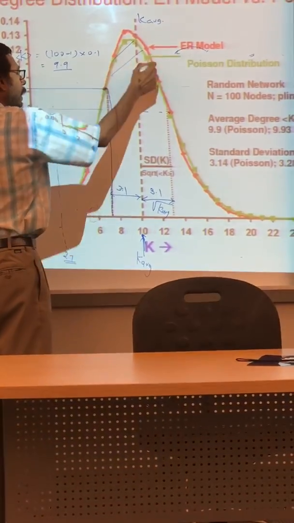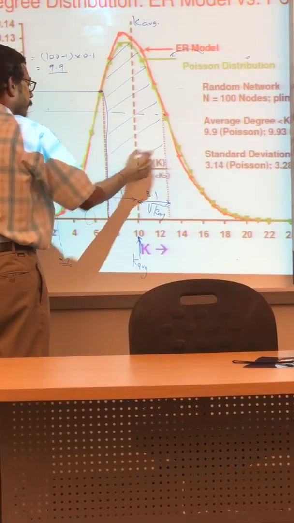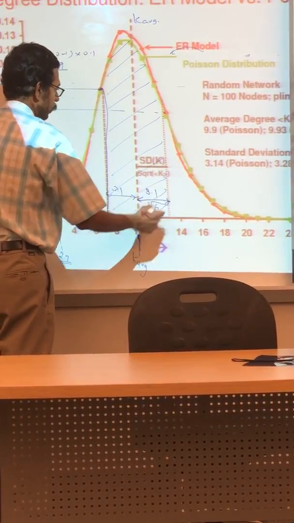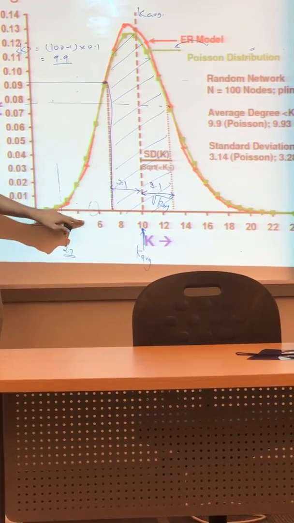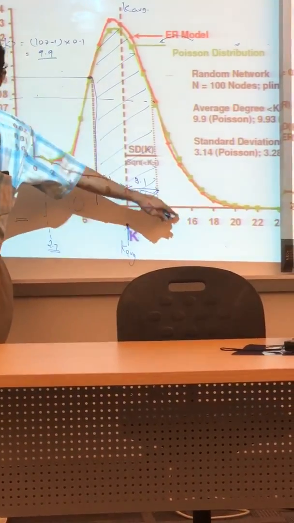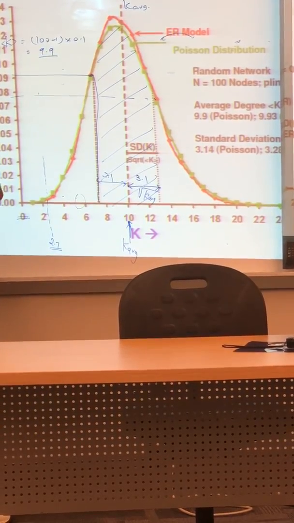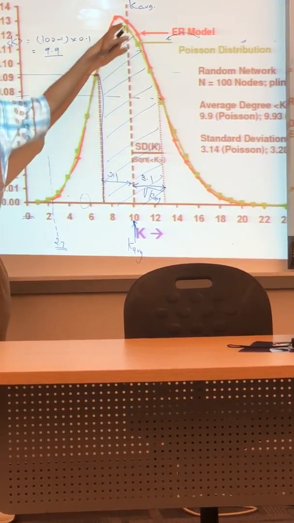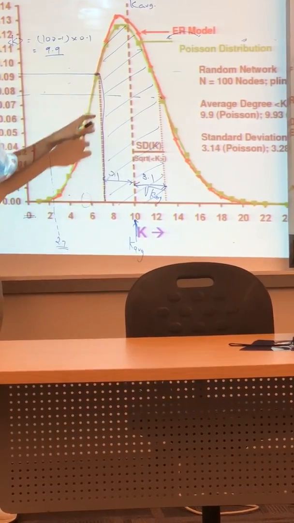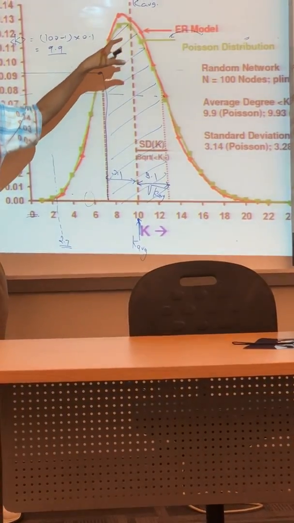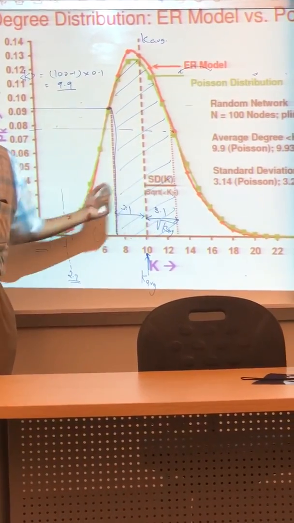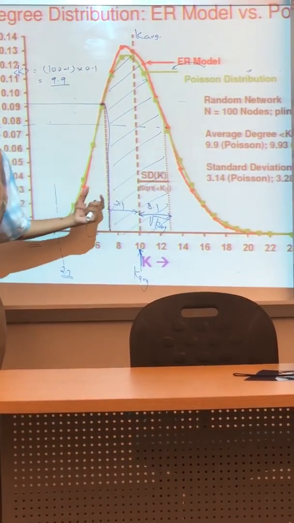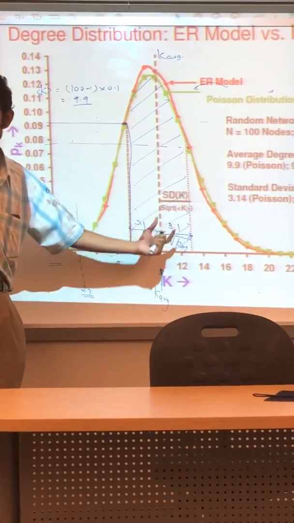So the area under this curve, so majority of the values, you have very little area under this curve outside this range. So majority is within this range. Is that clear? So the majority of the curve is within what? The average plus or minus standard deviation. So that is also a nature of Poisson distribution.